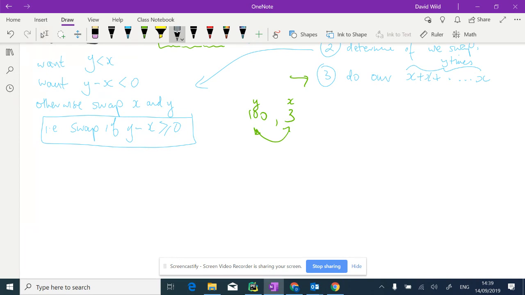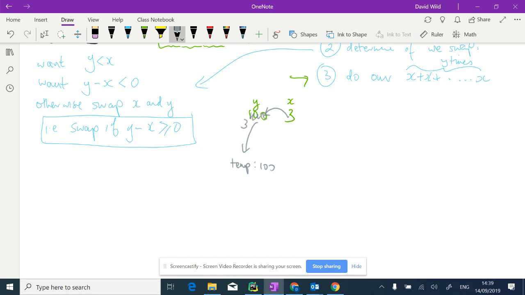So to swap two things around, what I need to do, first of all, just starting again from our 100 and our 3, is store out one of these into some temporary variable. So that's indicating the 100. So the 100 is stored so that when I copy this 3 over into this location, and this becomes 3, I haven't lost the fact that I've got 100 here. After I've done that, I'm going to put my temporary variable into here, and that becomes 100, and I've swapped them around.